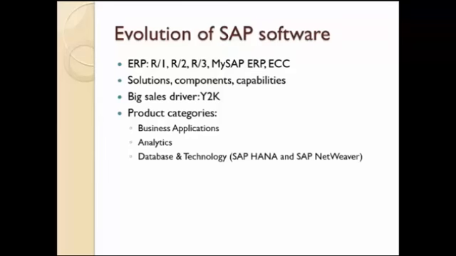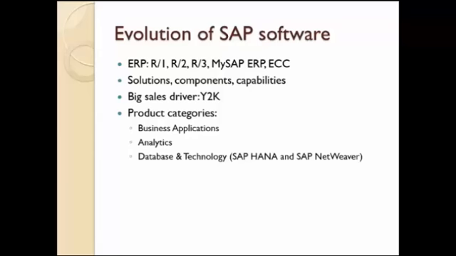And nowadays, all SAP software products can be classified into several categories that I talked about earlier. One is business applications, which includes all products that are used to support transaction processing or business processes.